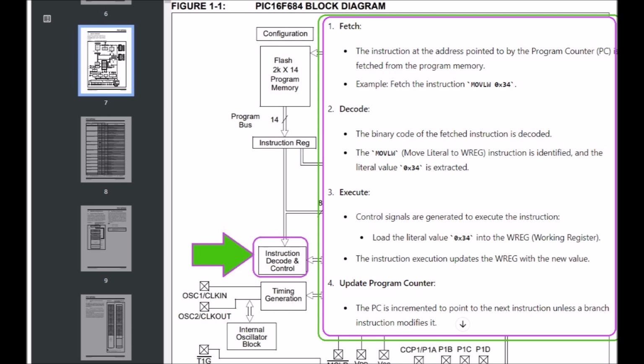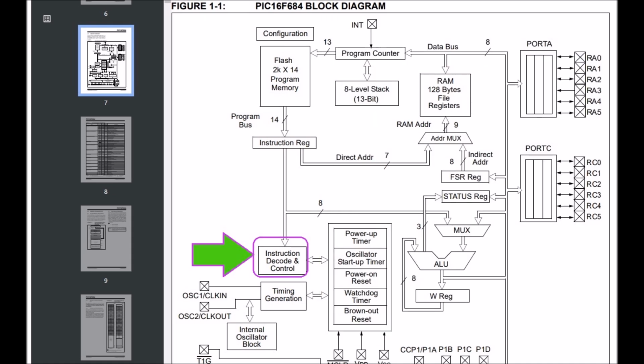Control signals are generated to execute the instruction. Load the literal value 0x34 into the WREG working register. The instruction execution updates the WREG with the new value. Update program counter. The PC is incremented to point to the next instruction unless a branch instruction modifies it. Importance of the instruction decode and control block.